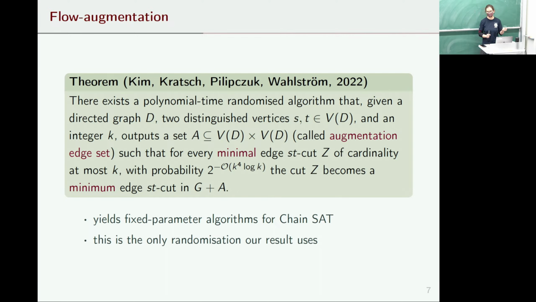So there's one S, one T. And I add edges in such that there are no minimal cuts anymore that are not also minimum cuts. They make them all the same size.